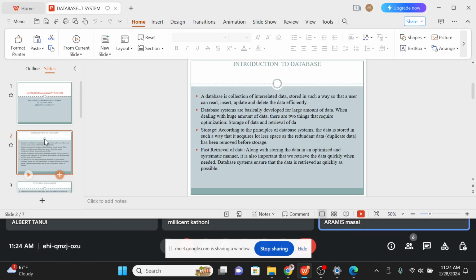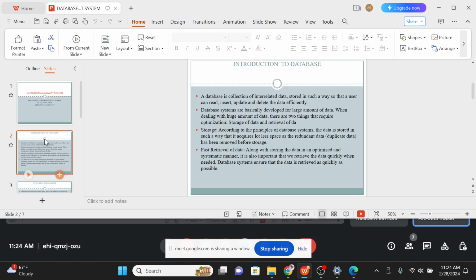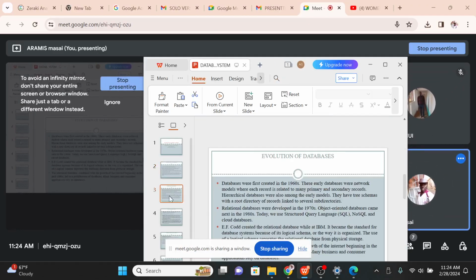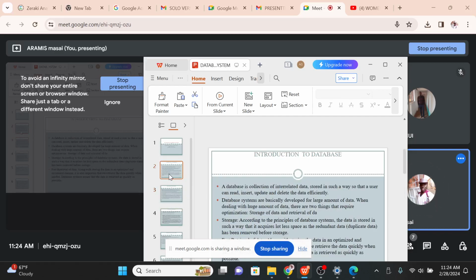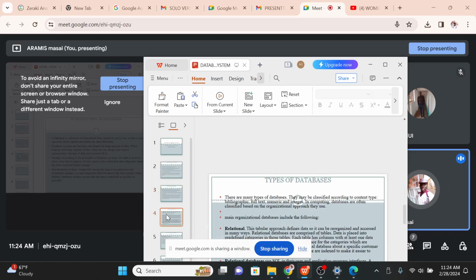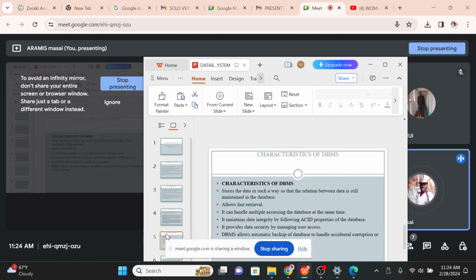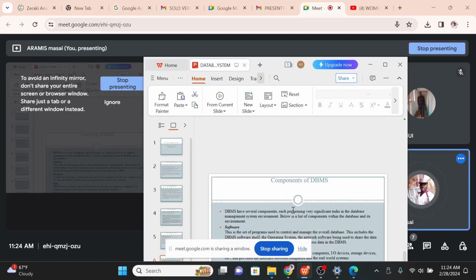We learn the definition of database, then the features of database. Number 3, we will learn about types of database, evolutions, and we'll finish by learning about components of database.